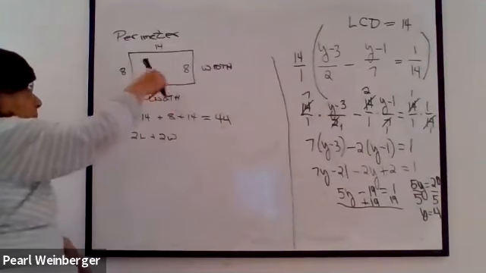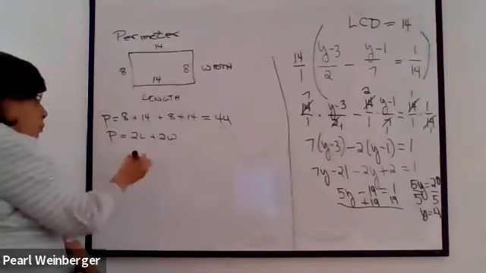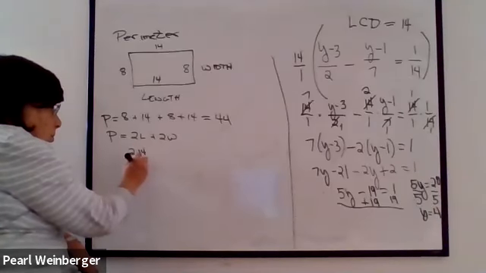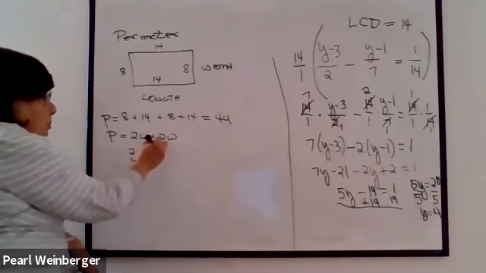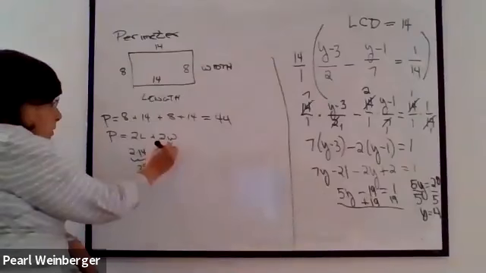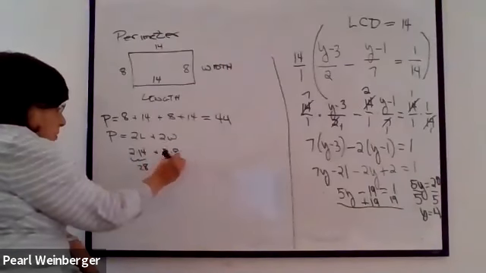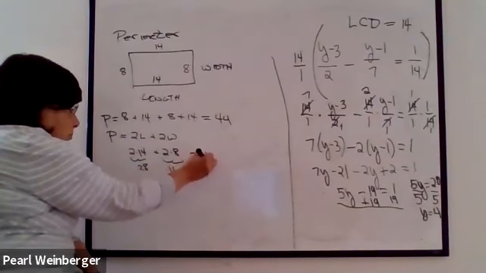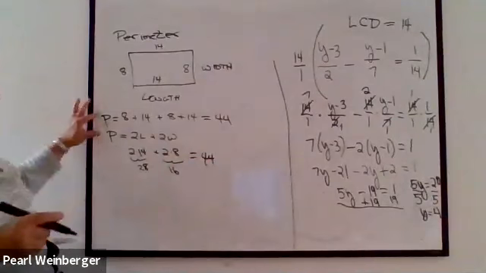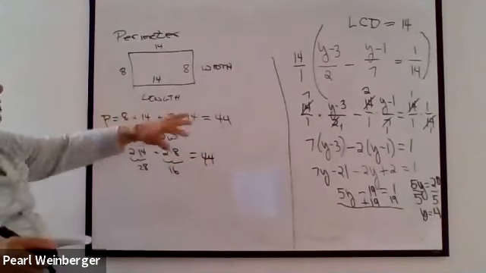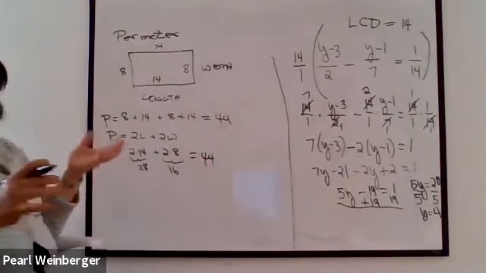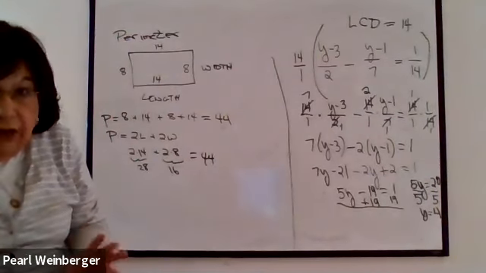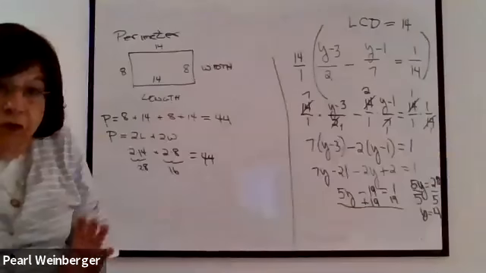In other words, I could multiply the length by 2, which would give me 28, and the width by 2, 2 times 8, which is 16. When I add the 28 plus the 16, it also gives me 44. So either I could use this formula or I could just use the basic idea. When you're finding the perimeter of a rectangular shape, you're just adding up all 4 of its sides.